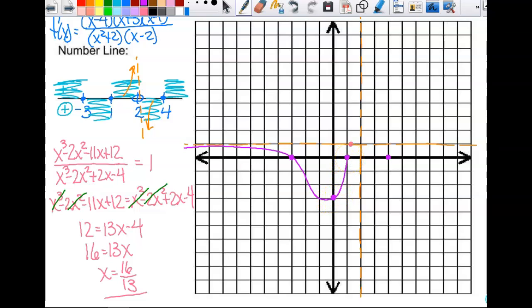And then from 1 to 2, it's positive, so this goes up like so. That's what that part looks like, and I crossed right there. From 2 to 4, it's negative. And then from 4 to infinity, it's positive, but again, it has to stay underneath. And I didn't have to find any extra points. I had enough points to be able to figure out the shape just fine.